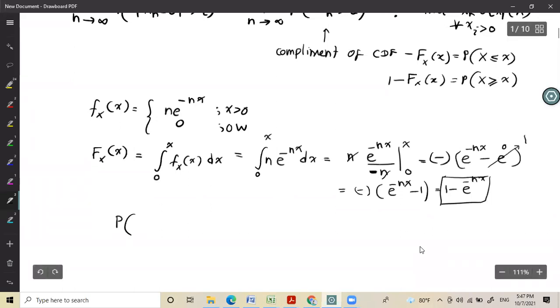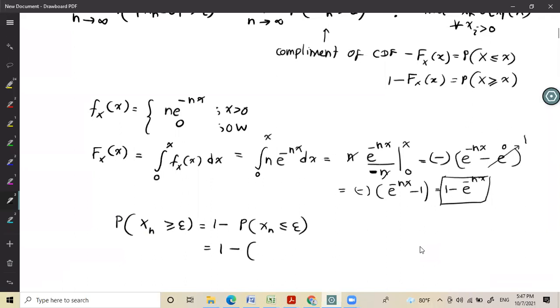Now we'll use it in our limit, right? So what do we need? We need the probability Xn greater than or equal to epsilon. So that is 1 minus the probability Xn less than or equal to epsilon, right? So let's replace this with the CDF. What is the CDF? 1 minus e to the negative n, and we have to evaluate x at where? At epsilon, right?